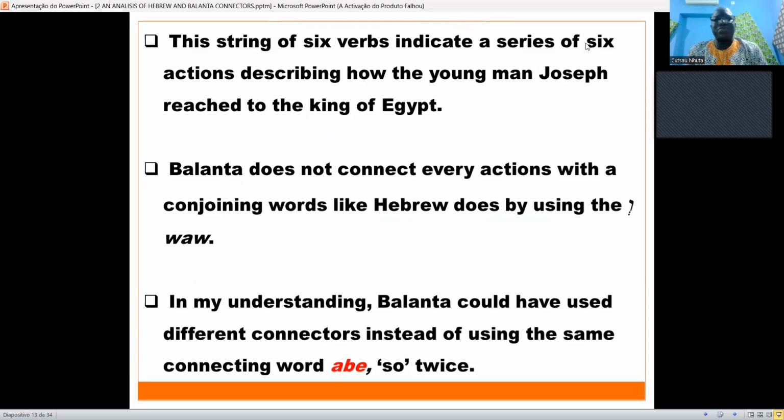This string of 6 verbs indicates a series of 6 actions describing how the young man Joseph reached the king of Egypt. Balanta does not connect every action with a conjoining word like Hebrew does by using the verb. In my understanding, Balanta could have used different connectors instead of using the same connector abe twice.